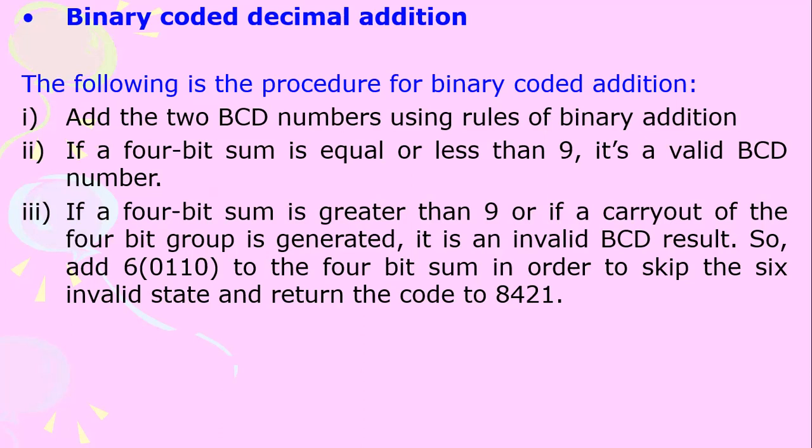So what you do in that case is you add 6, which is equivalent to binary 0, 1, 1, 0 to the 4-bit sum in order to skip the 6 invalid states and return the code to the 8421 system.